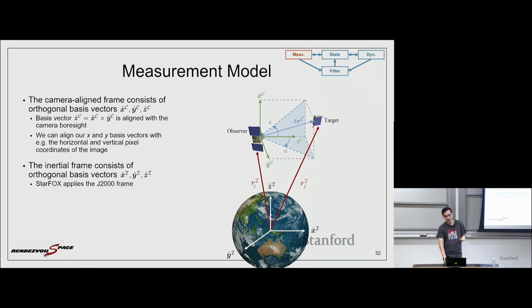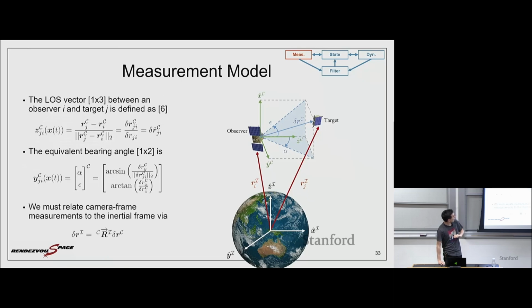We then need to be able to take measurement information from the camera frame and put it into the inertial frame. So here, specifically looking at the definitions of the measurement model, we have the line of sight vector, which is a 3x1 vector, between some observer I and a target J, which we can define as the difference in position of the target with respect to the observer, and then turning that into a unit vector.